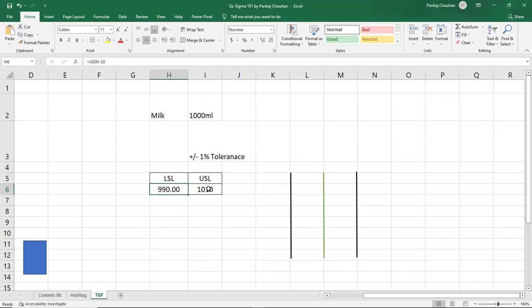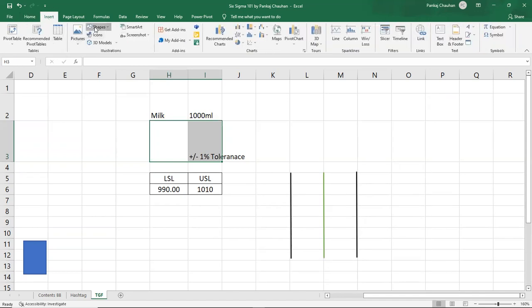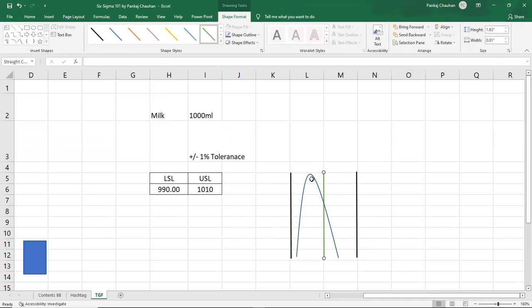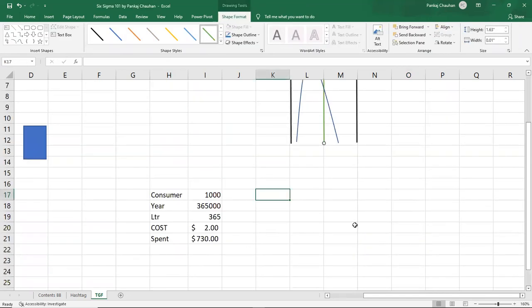You cannot claim anything because that is the tolerance given to him. And to take a benefit, suppose this person is now adjusting the specification on the lower side like this. So if you look at this graph, he is supplying approximately less than 1000, more than 990, maybe 995 ml it's actually supplying.